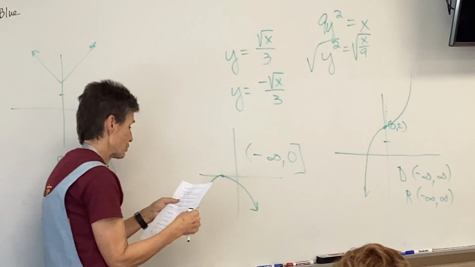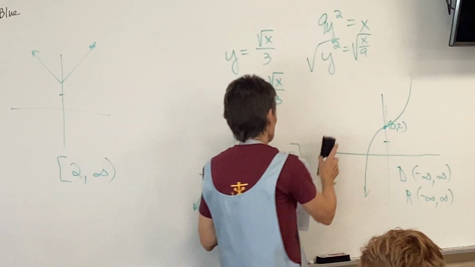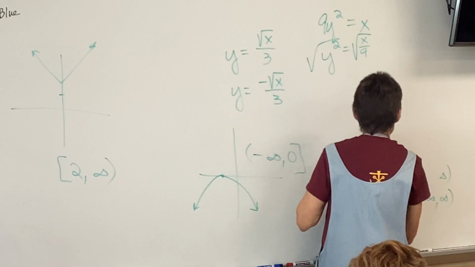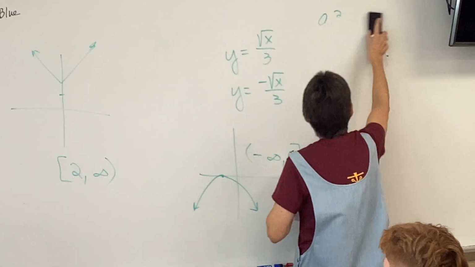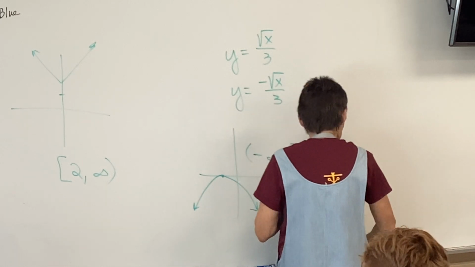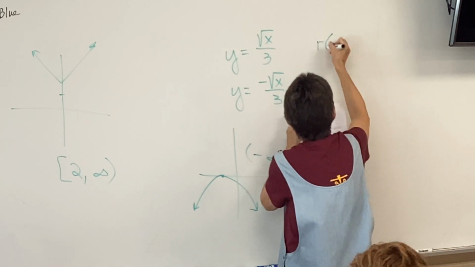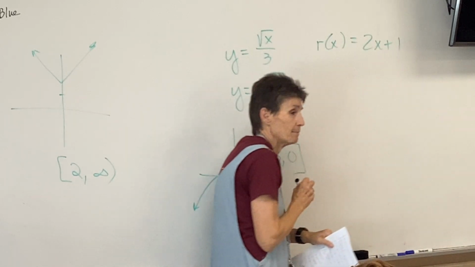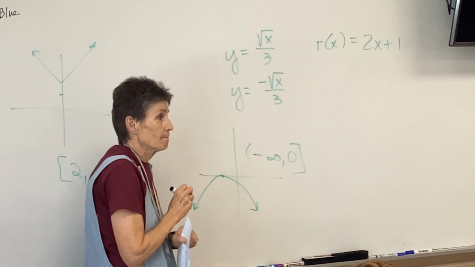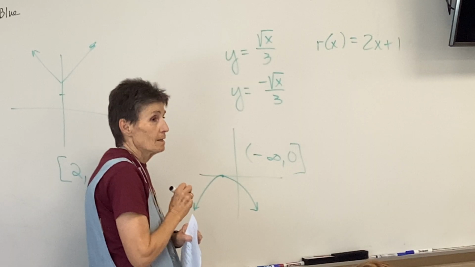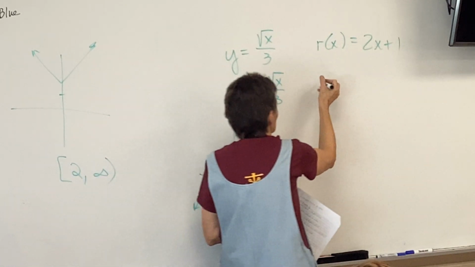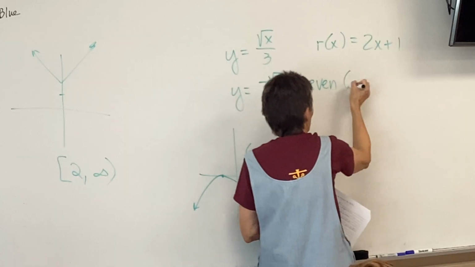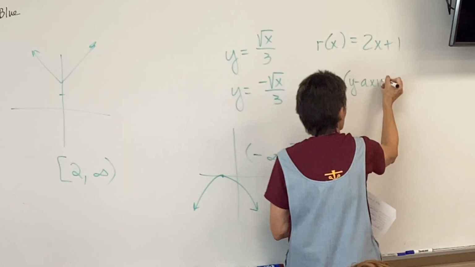All right. Quiz question number 7. Is it even, odd, or neither? If you miss this on the quiz, you better be paying attention because you don't want to miss it again. Even means y-axis symmetry, right?